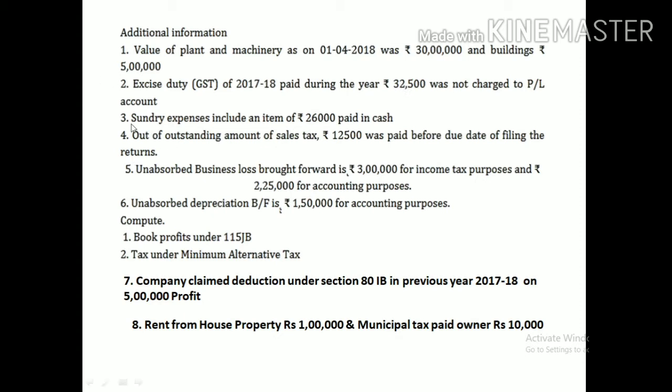Okay, the third one I already explained. It's an inadmissible expense and should be added back. Then the fourth one: out of the outstanding amount of sales tax, 12,500 was paid before the due date of filing the return. This is a very important thing, because if you pay any outstanding expenses before filing a return, it is an allowable expense.